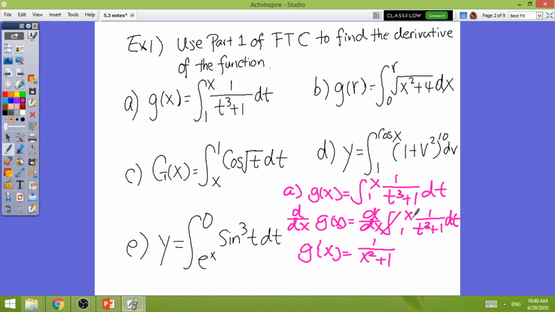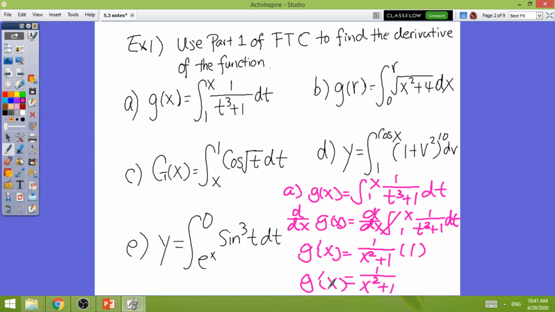And now don't forget, we need to apply the chain rule for this. The derivative of x is 1, and the derivative of 1 is just 0, so there's no need to worry about that. Multiply by 1, so g prime of x is 1 over x squared plus 1.